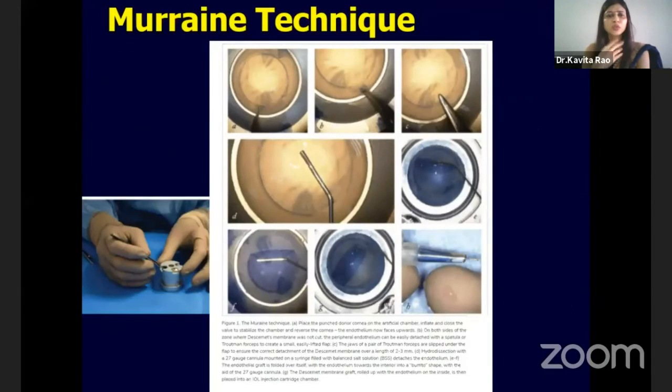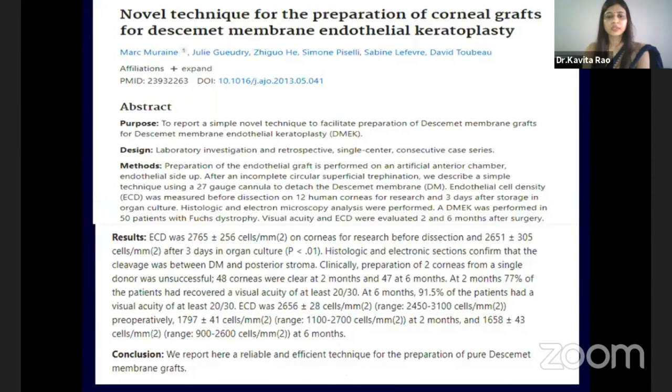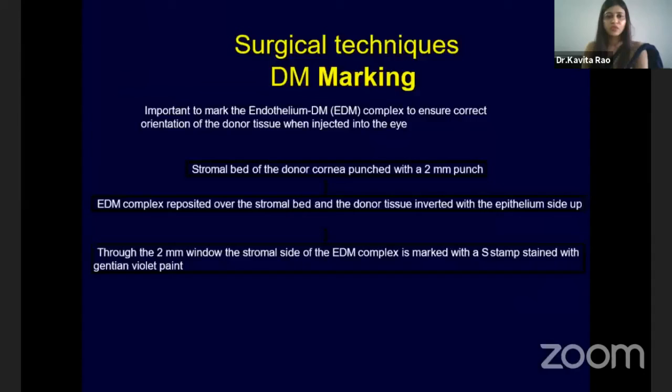I wanted to show the Muraine technique, where he injects air and then places the endothelium upwards onto the chamber. He's not touching the endothelium at all, basically just using the balanced salt cannula to separate the tissue, which I thought was interesting. He's also put forth his results and found that it's doing really well. The advantage is that the endothelium is not outside, but on the inside when he's folding the tissue.